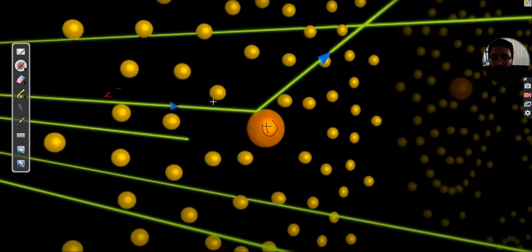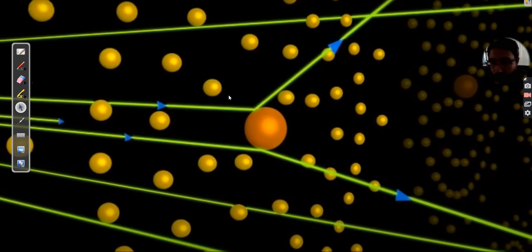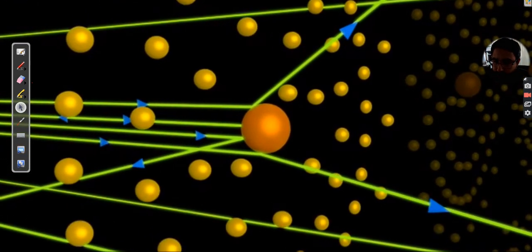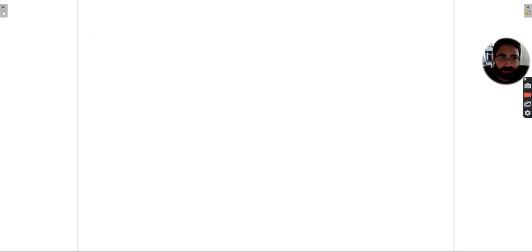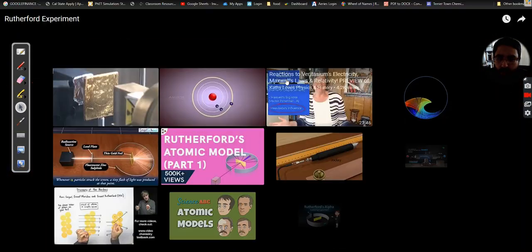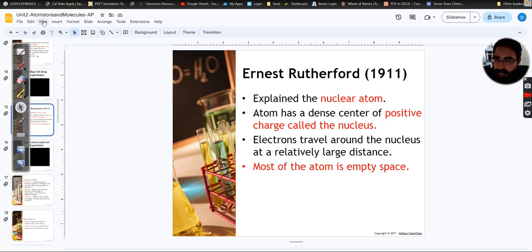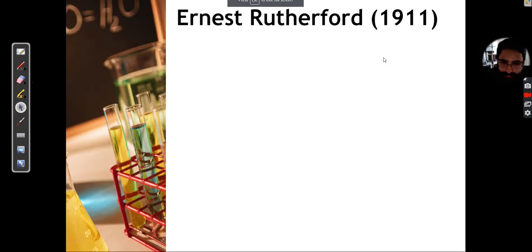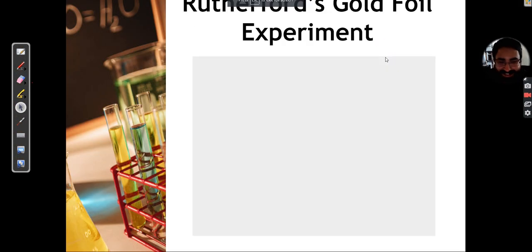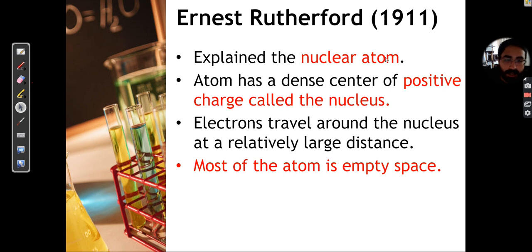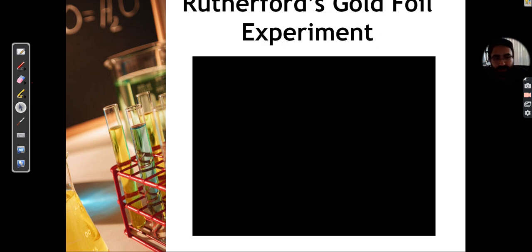If these have a negative charge and they get reflected, there must be something positive in there, and it must be heavy. Those are some of the conclusions that won him the Nobel Prize. Big deal. I don't know about you guys, but where I'm from, that's a big deal. Here we go: a positive center, the nucleus, and a lot of empty space.